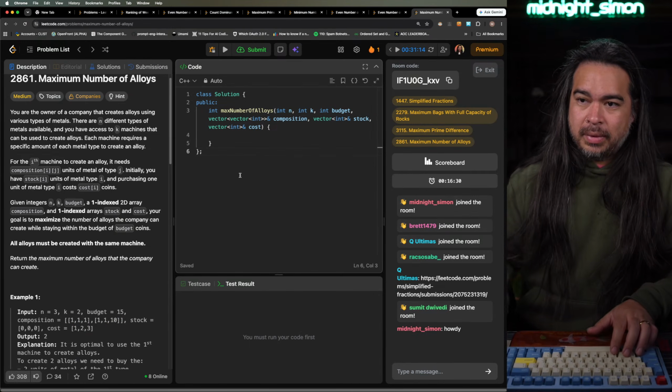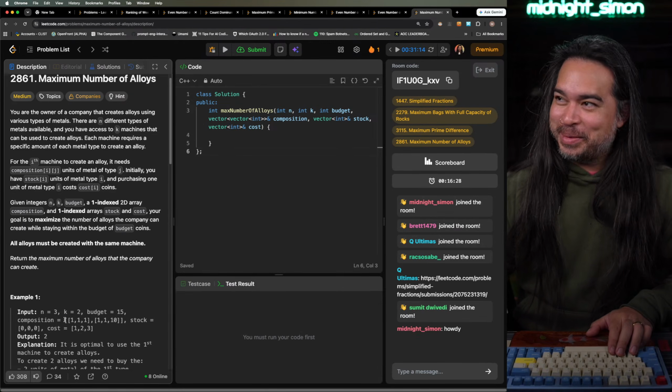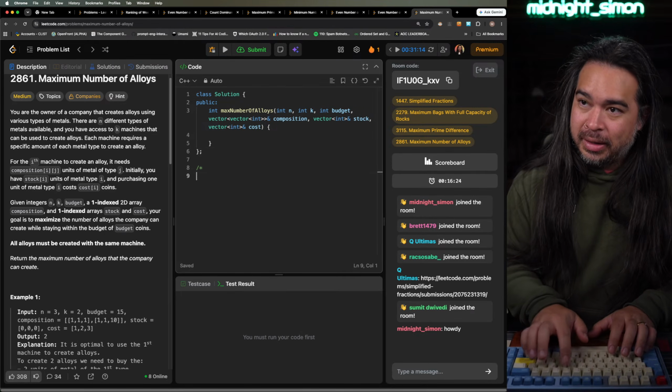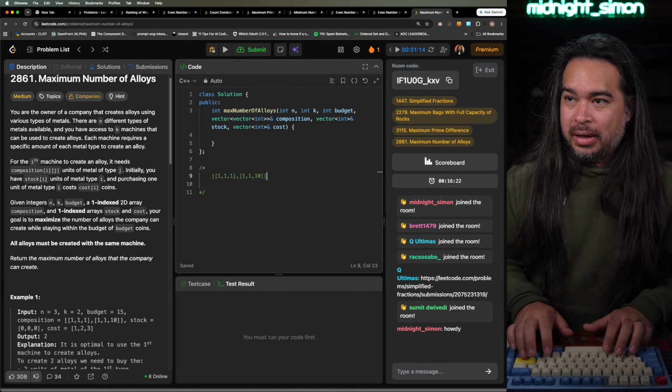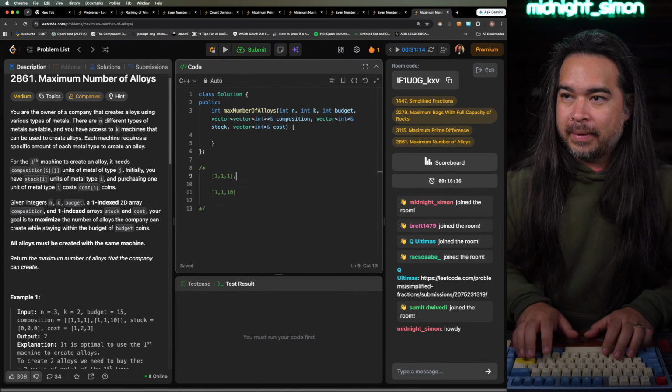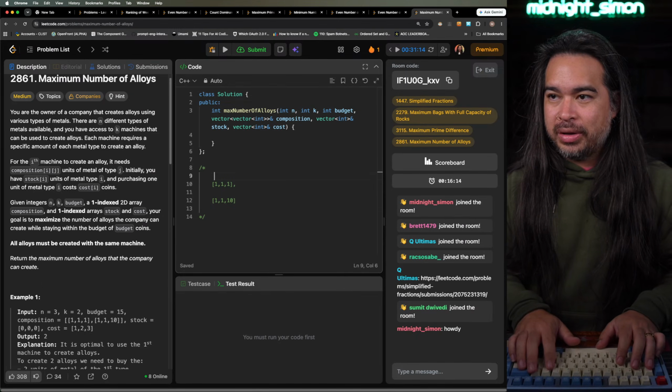Dang. I don't know if I can do this problem in 10 minutes or however long I have before I leave. Oh geez. So this is alloy 1, 2, 3.